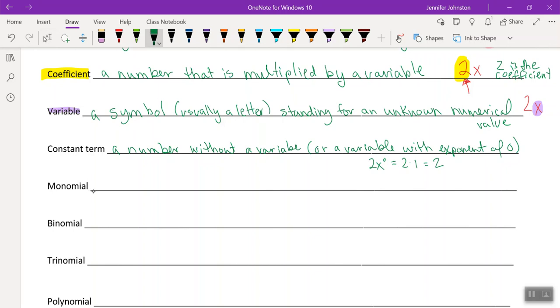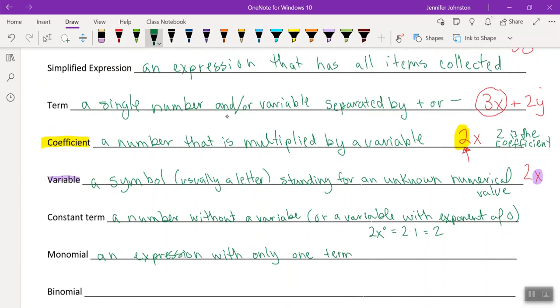All right, a monomial is an expression with only one term. We talked about terms above. A term is a single number and or variable separated by a plus or a minus.